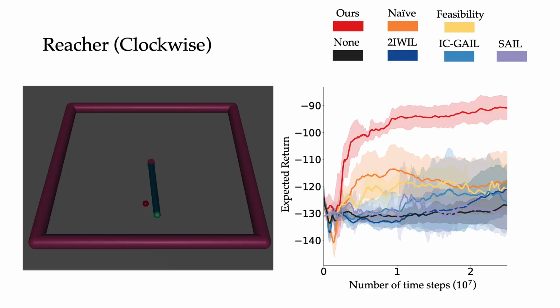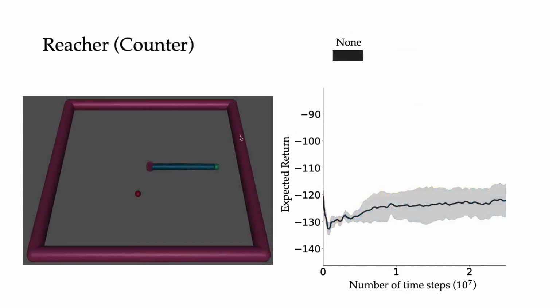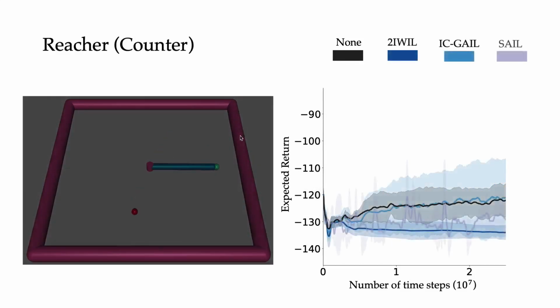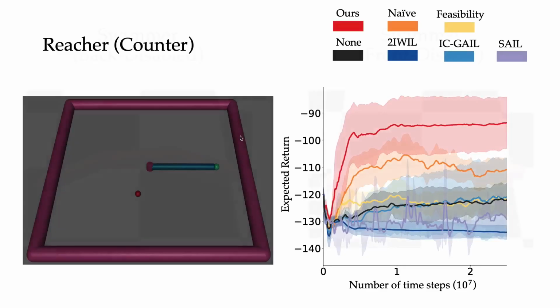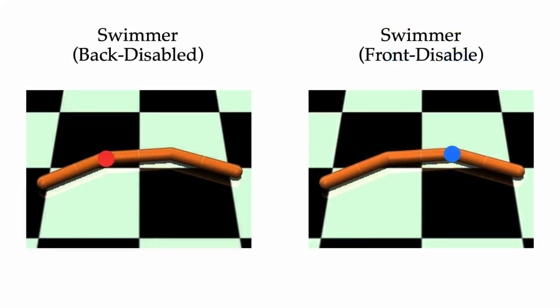Our algorithm outperforms all the baselines in the reacher environment in Mujoco. We see similar results when the targeting environment is the counterclockwise domain. The second environment we experiment with is the Mujoco swimmer environment with the front and back joint disabled.